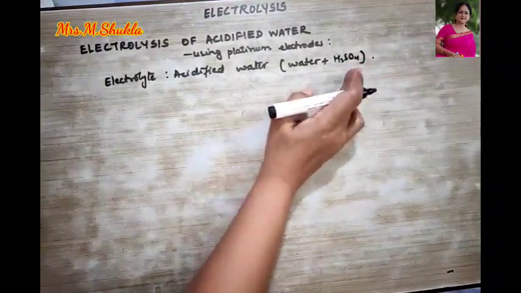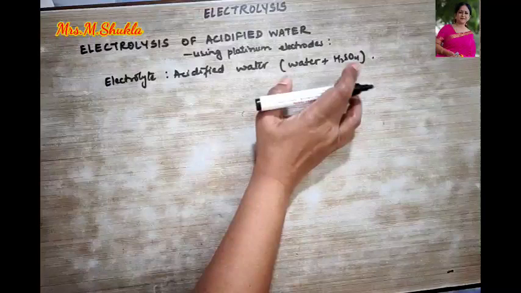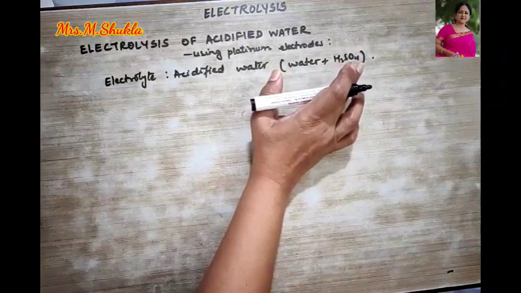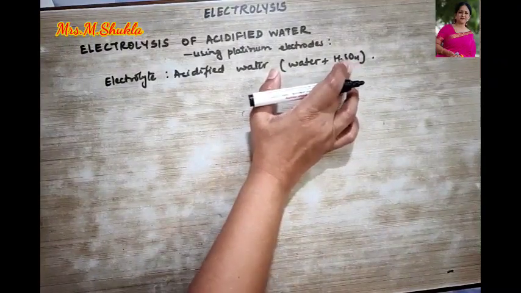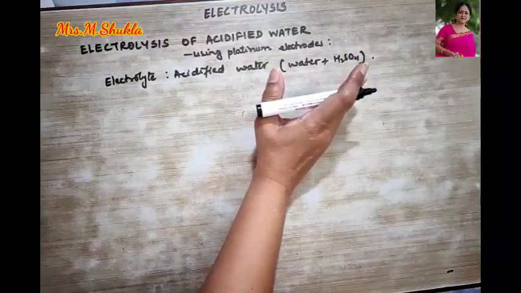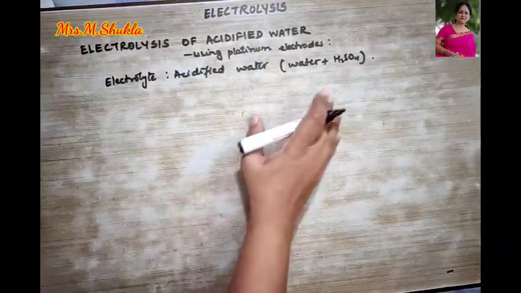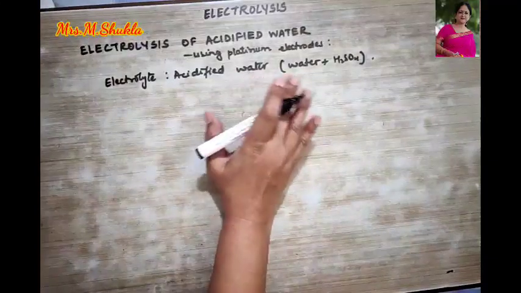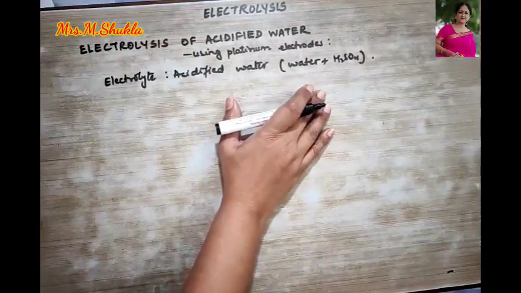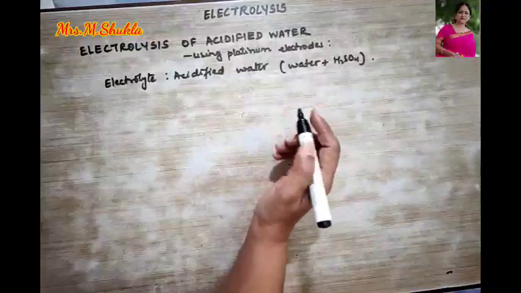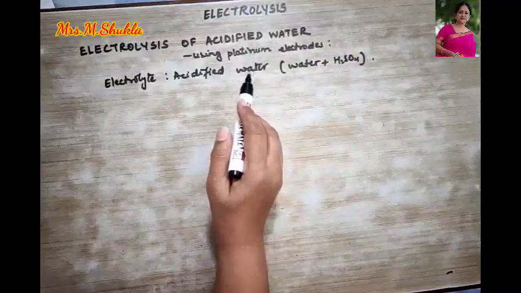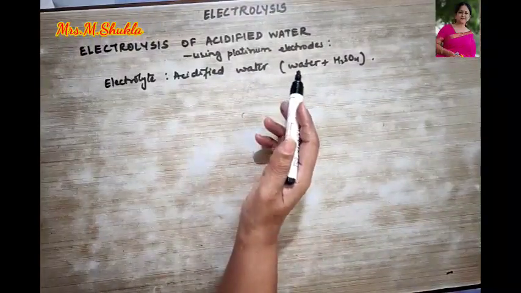Okay, this dilute sulfuric acid is preferred because it is non-volatile, while dilute nitric acid or hydrochloric acid are volatile acids. And why are they added to water? Because water is a stable compound, right? It does not have free mobile ions, so pure water does not allow electricity to pass through.